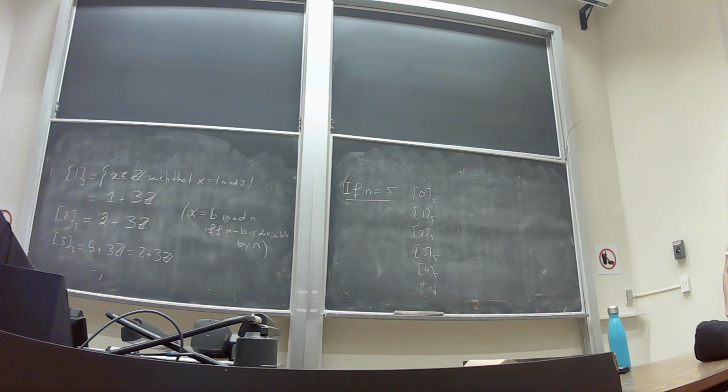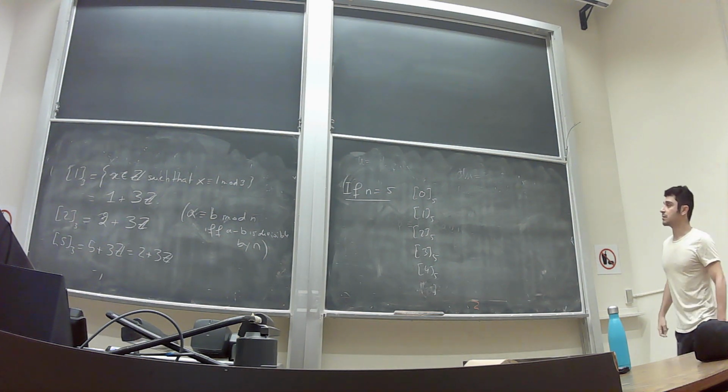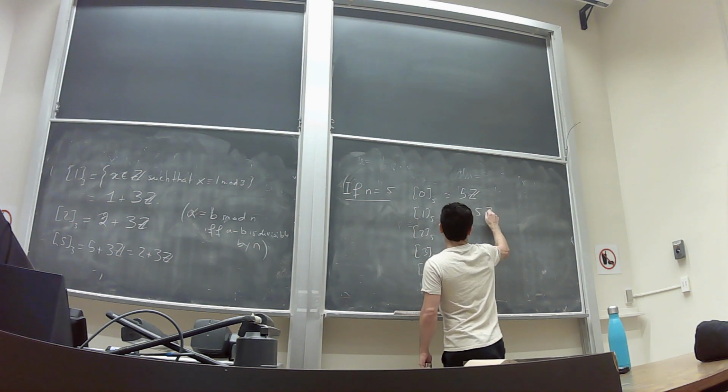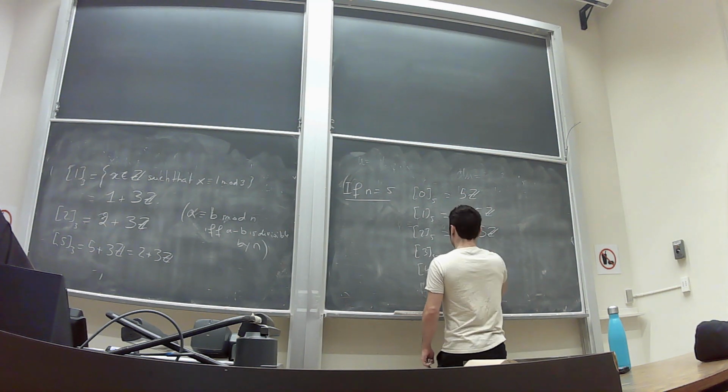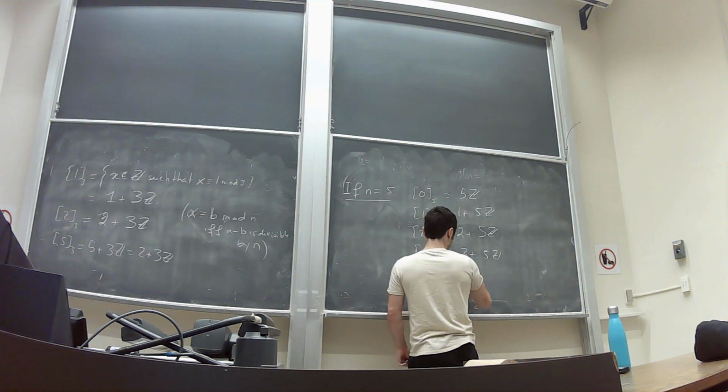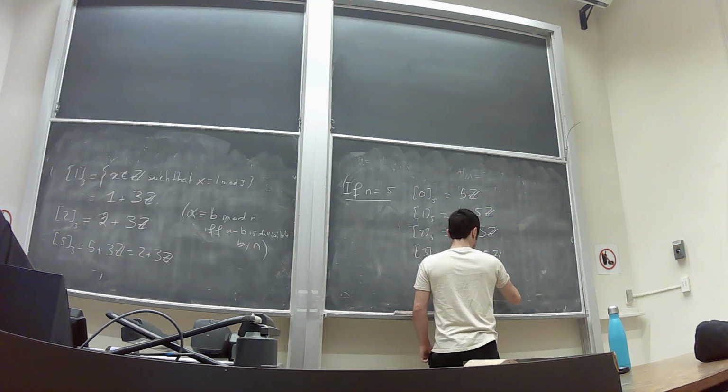Are we good? Is it clear? Now what is this? This is 5z. This is 1 plus 5z, this is 2 plus 5z, 3 plus 5z, and 4 plus 5z.